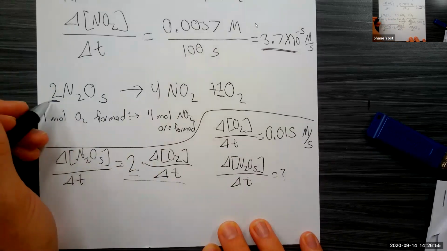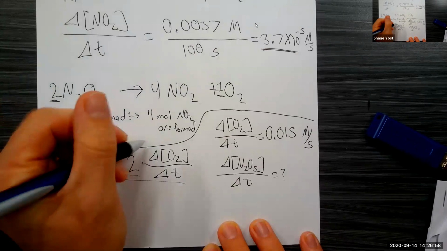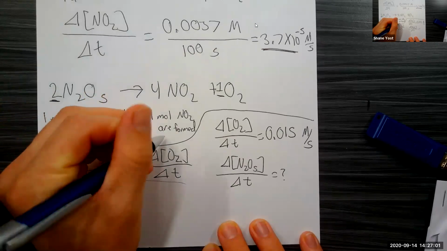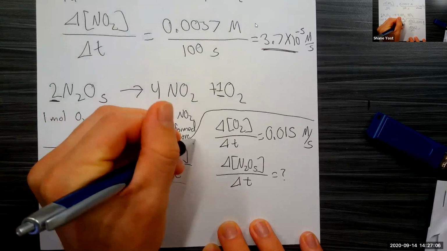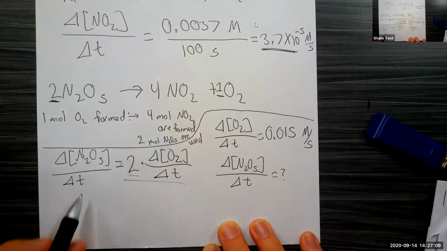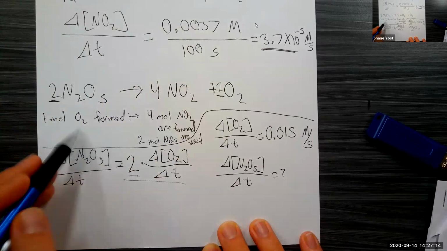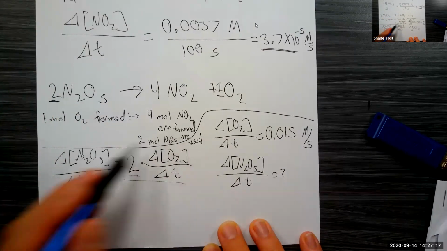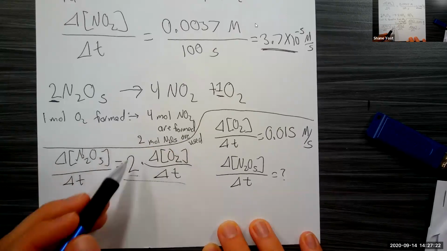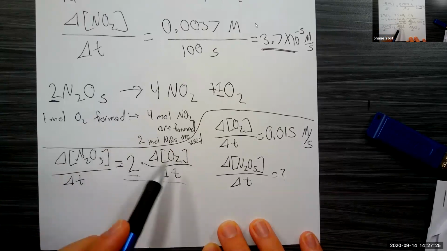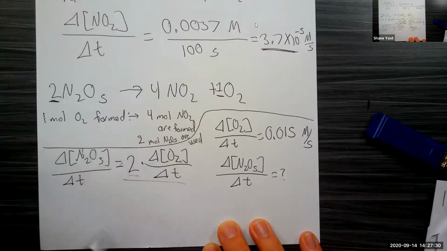And if 1 mole of O2 is formed, then 2 moles of N2O5 are consumed. This tells me these relationships: 1 of these gives me 4 of these. So the rate of N2O5 is 2 times that of O2, and the rate of NO2 is 4 times that.